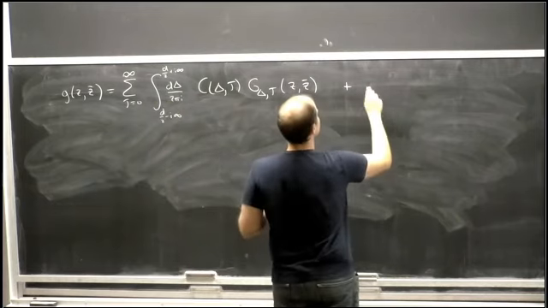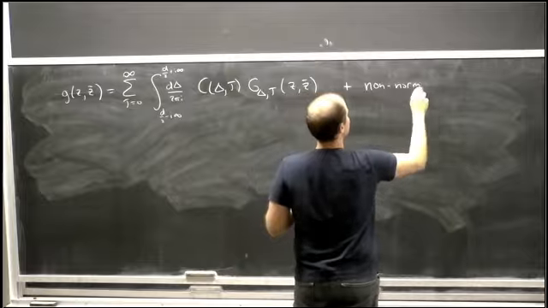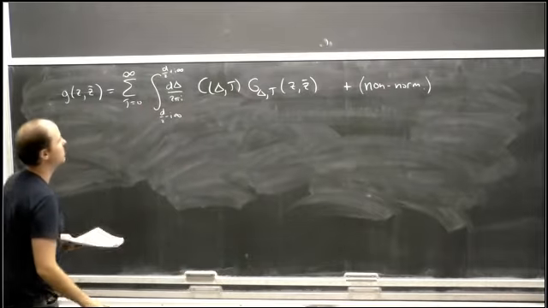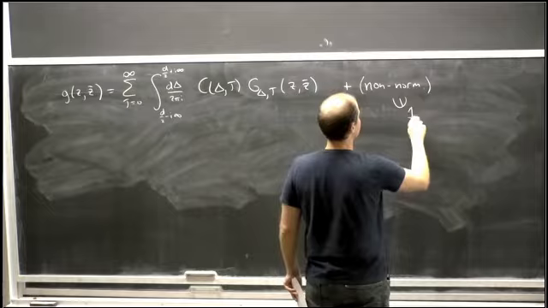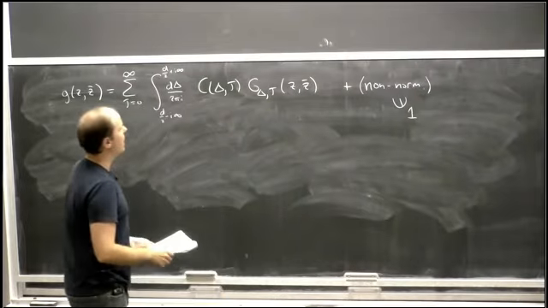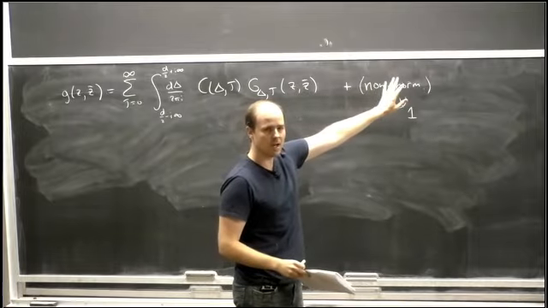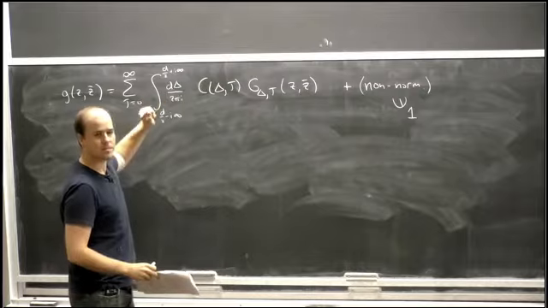And there will be some extra terms that are not captured in this way of writing the expansion that I'll call non-normalizable terms. And one such term is the contribution of the unit operator. And these are essentially going to be a finite collection of conformal blocks with dimensions less than d over 2.